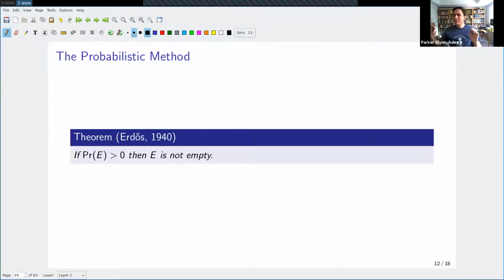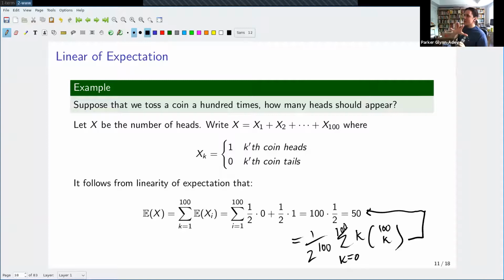Okay. So now I want to share with you, actually just wait before we go on. Are there things people want to ask about linearity of expectation, or expected values or anything like that?